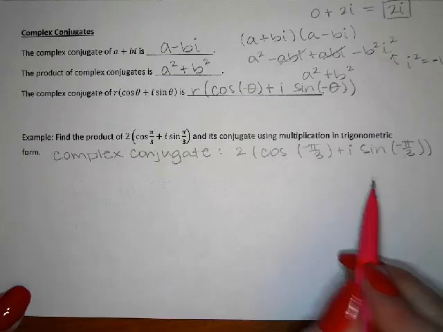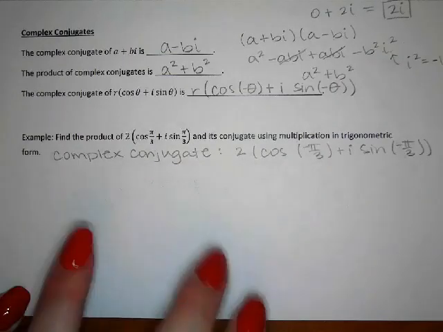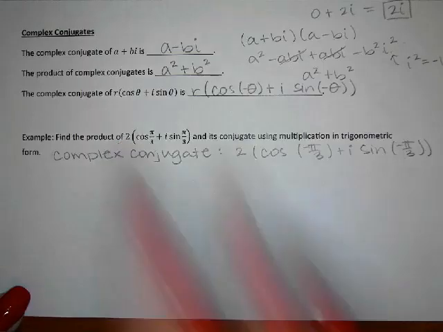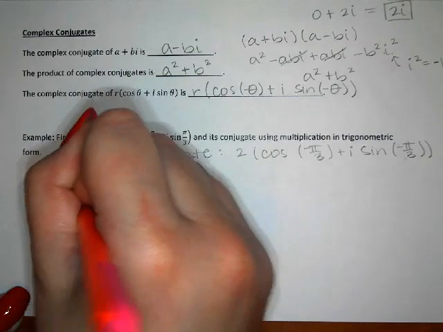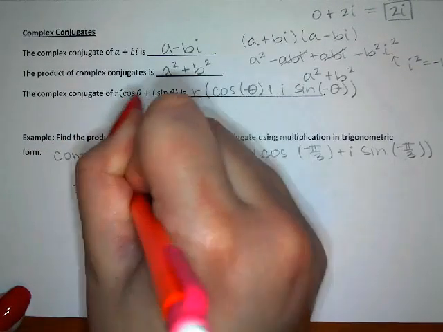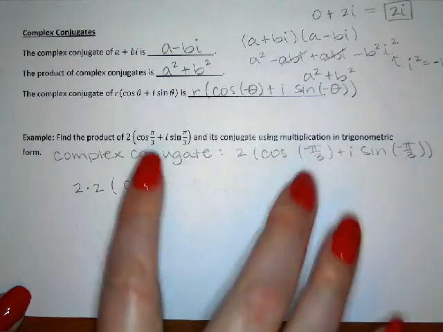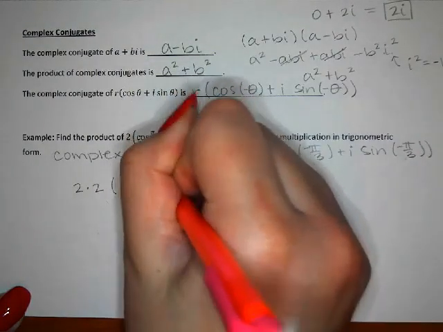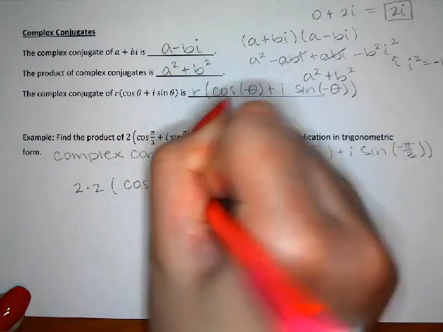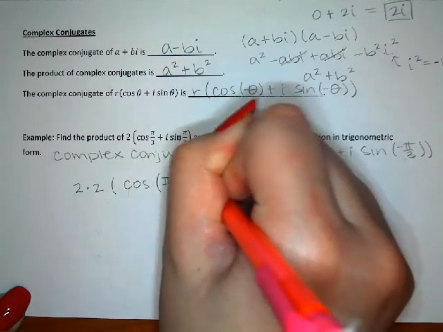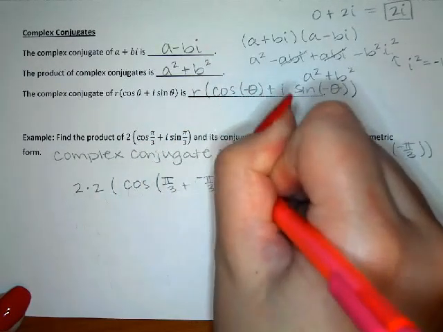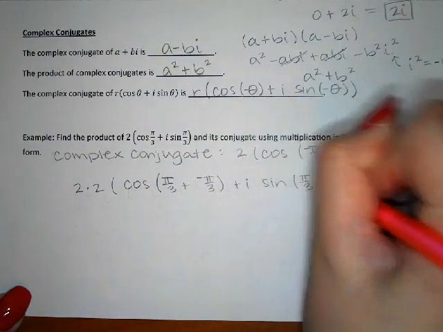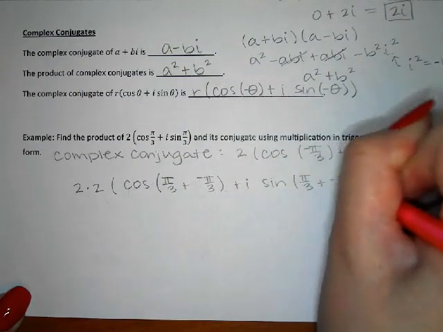And if we're using multiplication in the trig form, then we can go ahead and multiply. We would just take the modulus of each and multiply those together. So 2 times 2, cos, and then add the arguments together. So pi thirds plus negative pi thirds, plus i sine of pi thirds plus negative pi thirds.